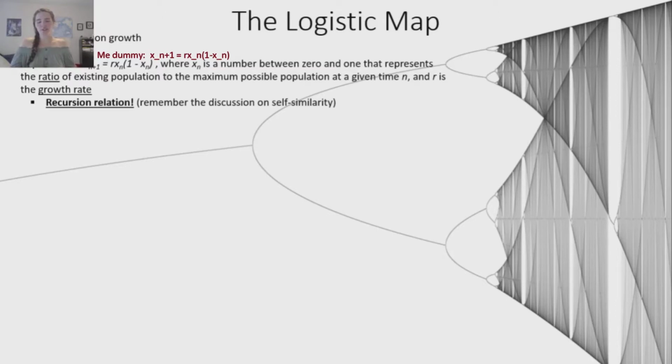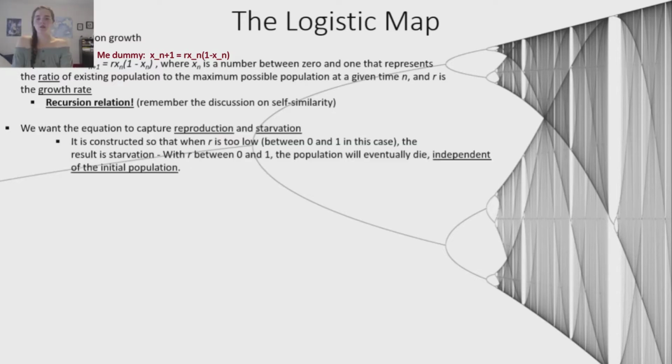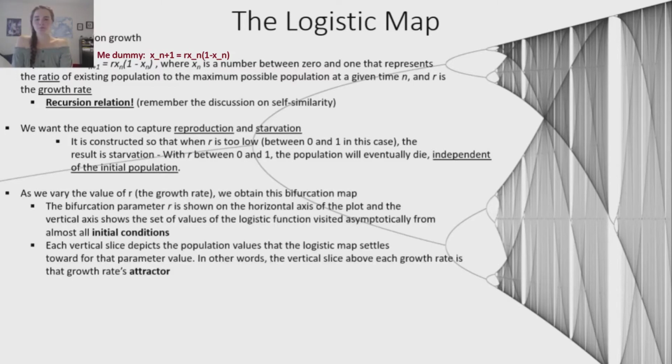So the population level at any given time n is a function of the growth rate parameter r and the previous time step's population level. It is constructed so that when r is too low, between 0 and 1 in this case, the result is starvation. When it's between 0 and 1, the population will eventually die, independent of the initial population. And that's what I explained before.